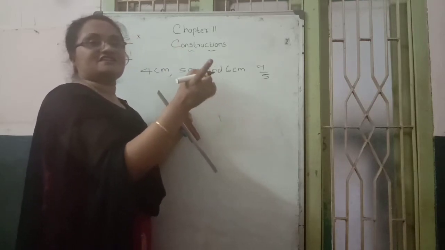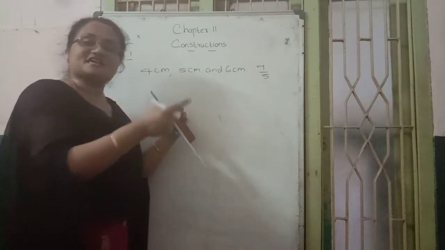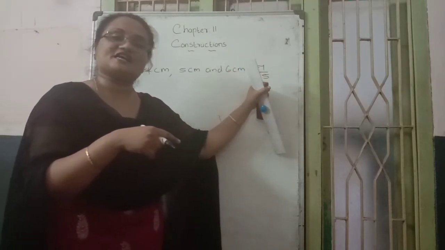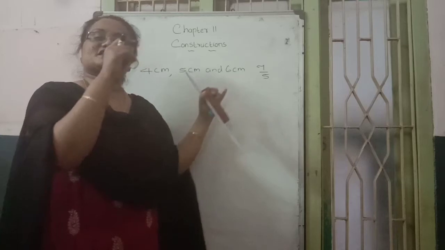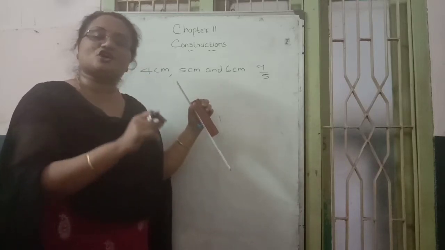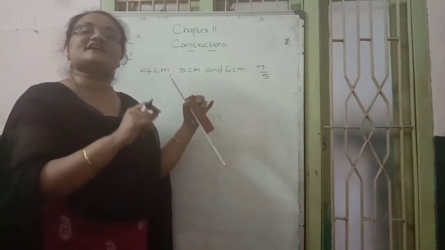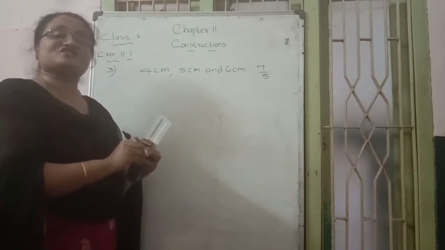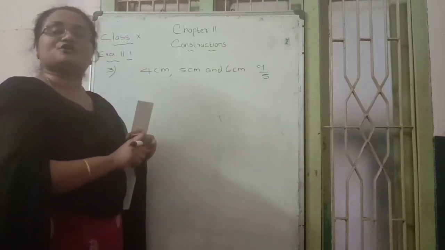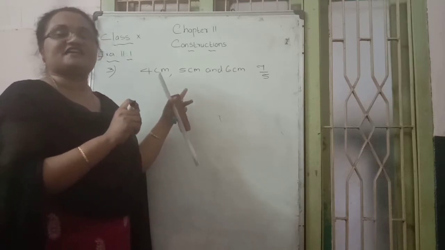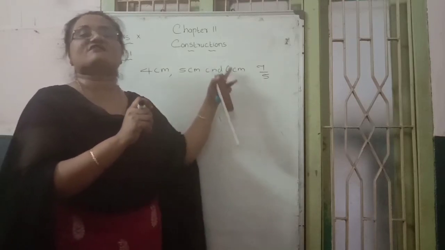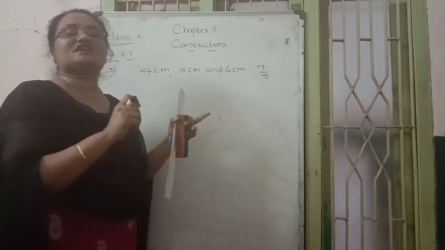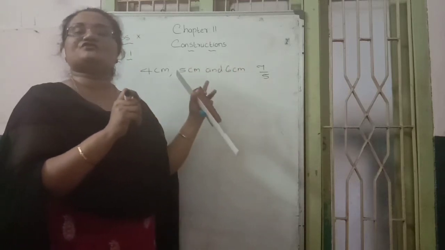The side of the similar triangle is equal to 7 by 5 times the corresponding side of the original triangle. We also want to prove this by justification: that the similar triangle's side is 7 by 5 times the corresponding side of the original.